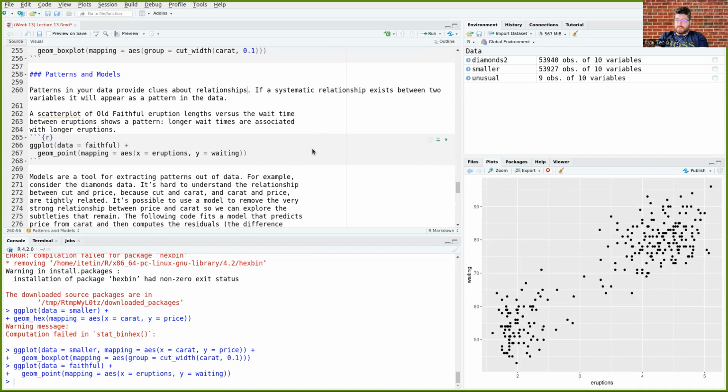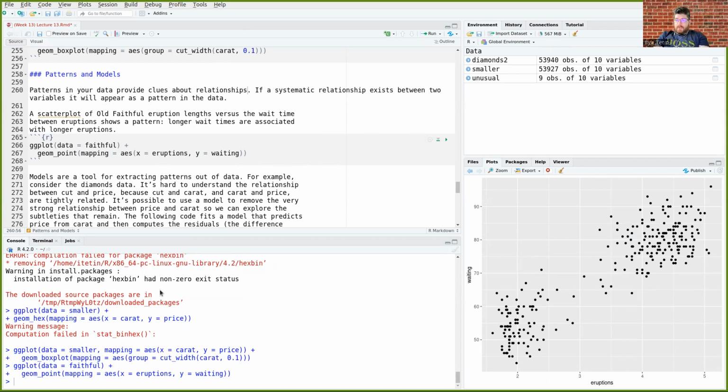We can see the two clouds of points, and these clouds of points show us how many. This is the eruption time: x is eruptions, y is waiting. So the length of the eruption itself of the geyser is generally between 1 and 3 minutes, and there are different eruptions which are longer than 4 minutes.